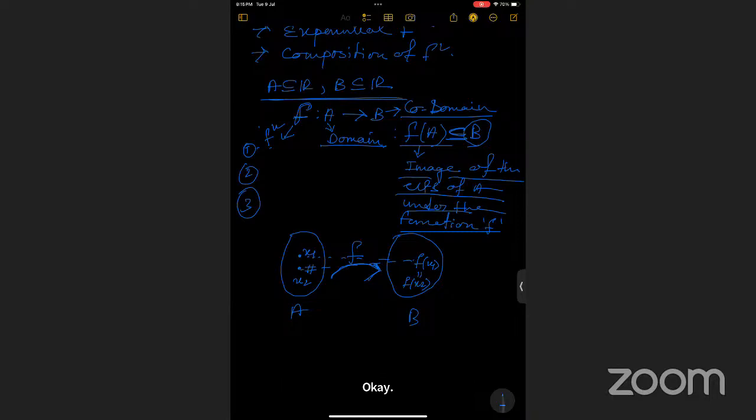So if we have a function f from A to B, then A is the domain, B is the codomain, and f of A is the range, or image. So I think you got the difference between range and codomain, right?